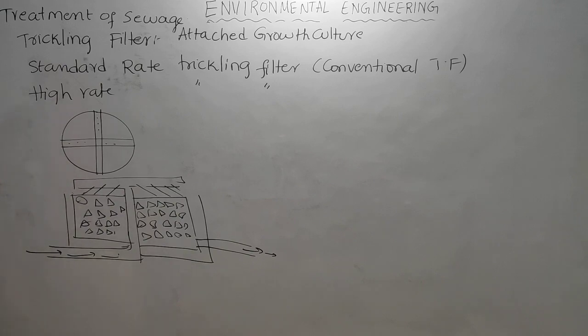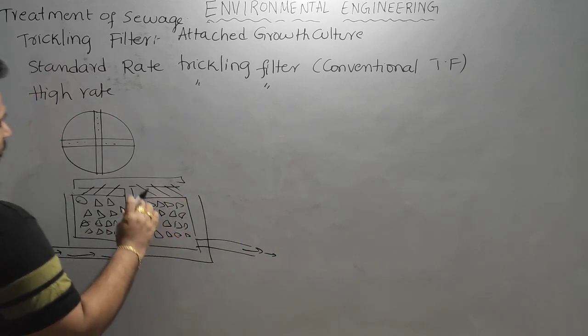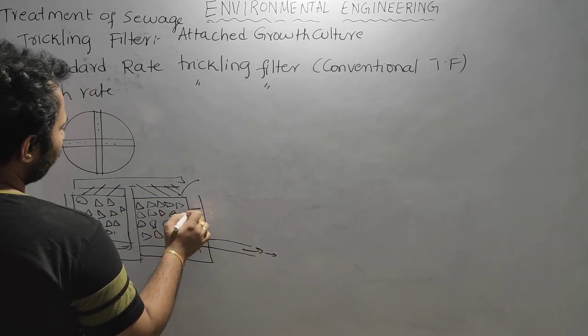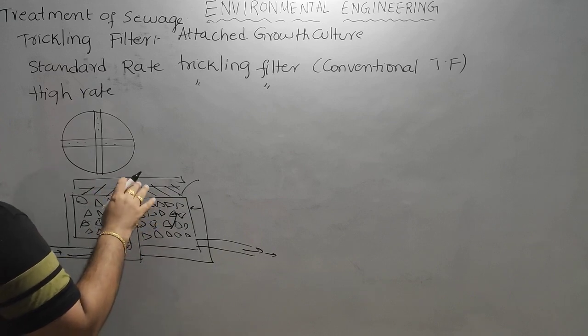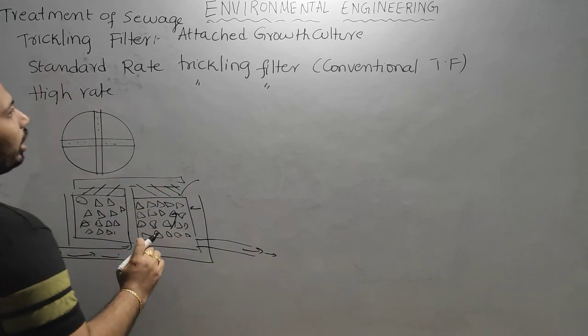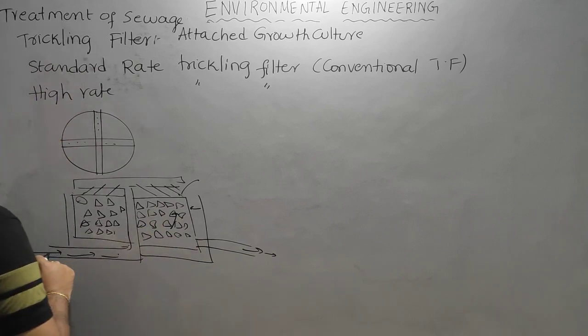If you look at the oxygen availability, generally it will be more at the top of the bed, because it gets oxygen from the top and from the sides. At the bottom layers the oxygen availability decreases.